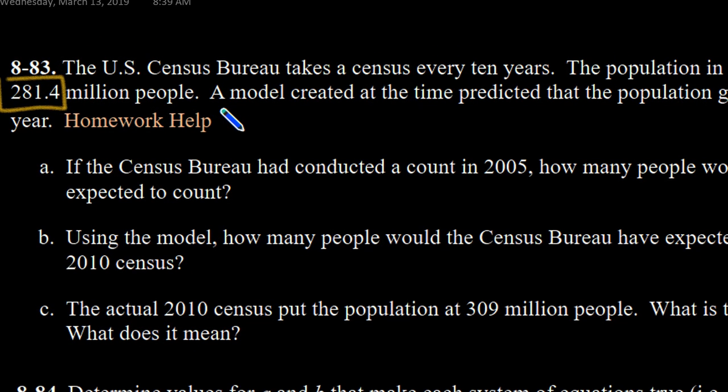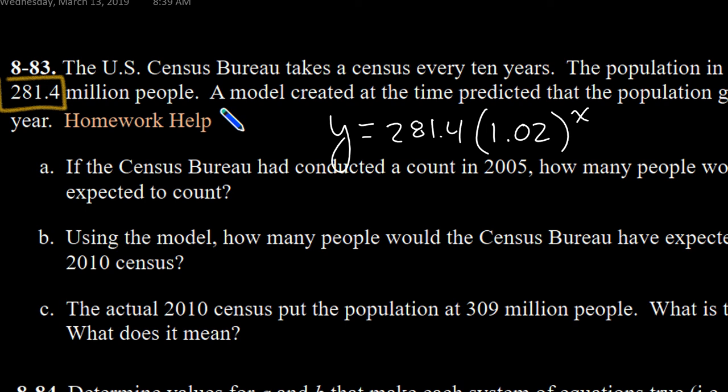With our definition of x and y, y, the population expressed in millions, should be the population at year 0, 281.4 million, times, now we said it was 2% and increasing, so those two things together let us know that our multiplier for this geometric sequence is 1.02. Every time that x increases by 1 year, that will include all the previous population plus 2% of that previous year.